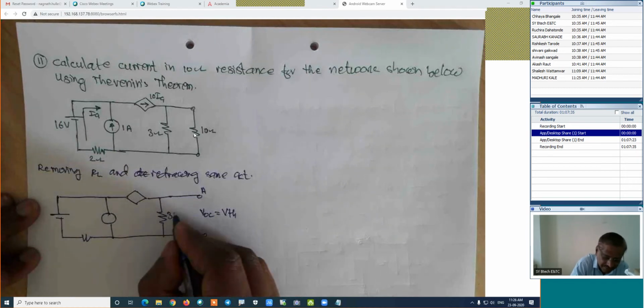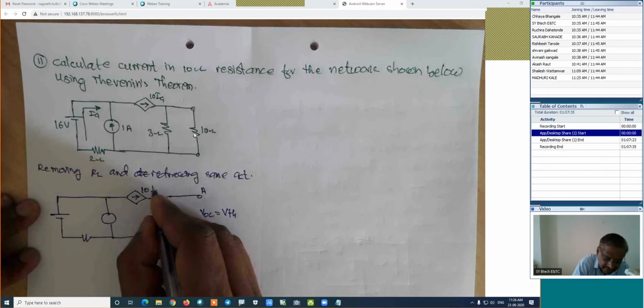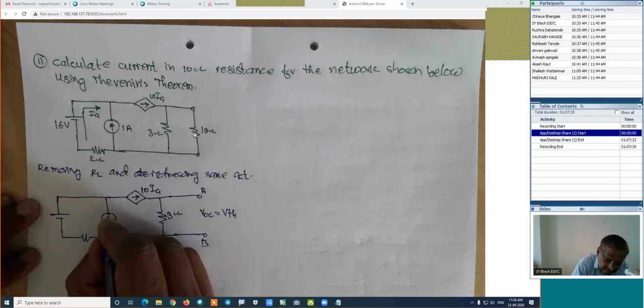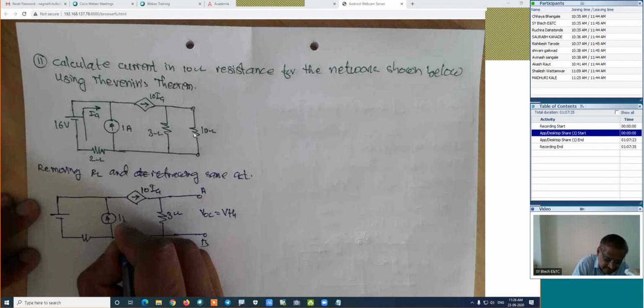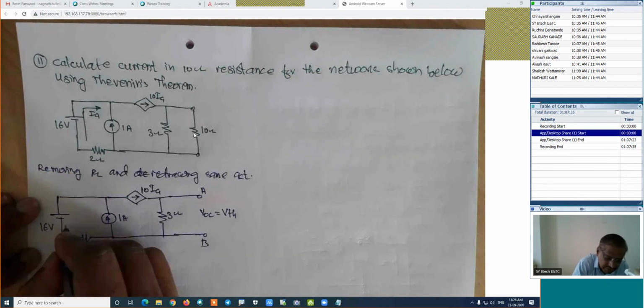This is 3 ohm. This is the current source, which is 10 IA, already defined. This is 1 ampere. This is 2 ohm. This is 16 volt. And this current is the IA.